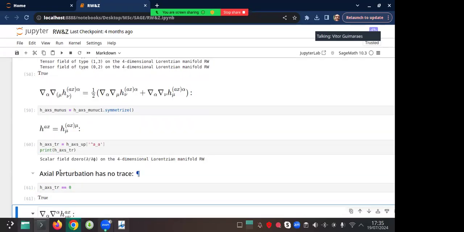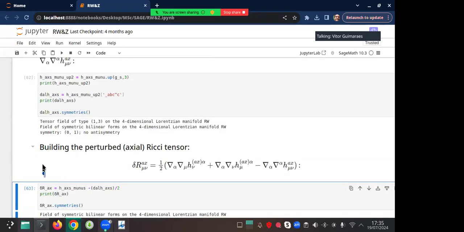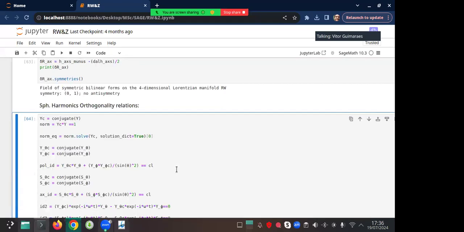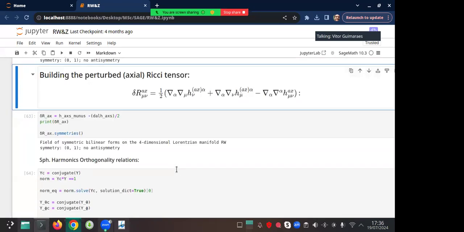Here I'm going to put them all together, building the perturbed odd Ricci tensor. In the previous cells, we constructed this term and this term, taking covariant derivatives of the axial perturbation, and then we constructed the Ricci tensor.